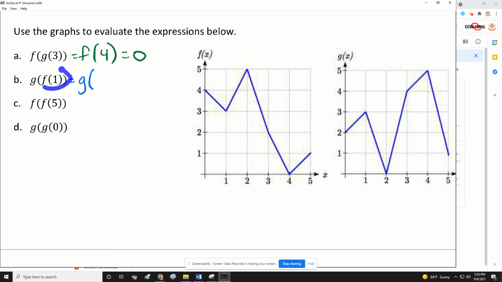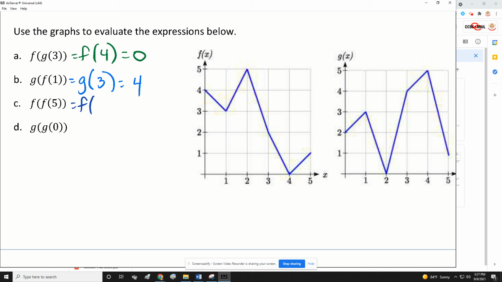Right, this one, we'll start with f of 1. In the f function, when x is 1, the function is 3. Right, and then g of 3, when x is 3, the function is 4. Next, f of 5.